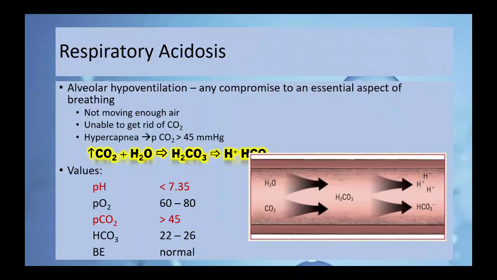So we have four basic conditions. Respiratory acidosis. In this case, we have alveolar hypoventilation. So here what we discussed is any condition in which we're not moving enough air.